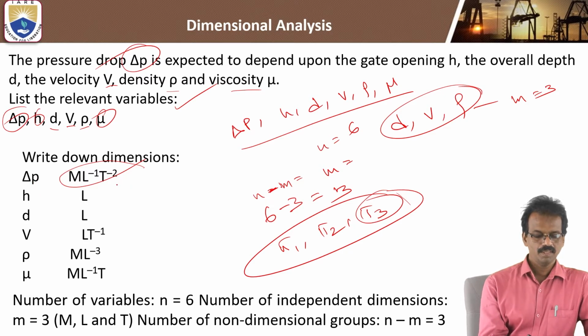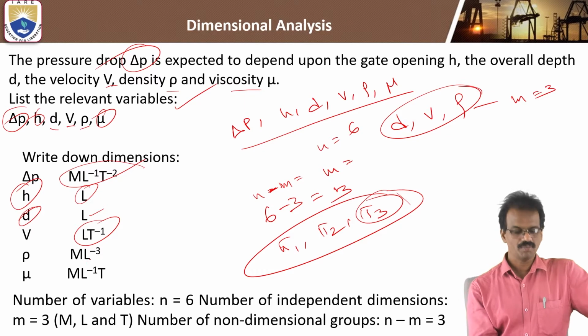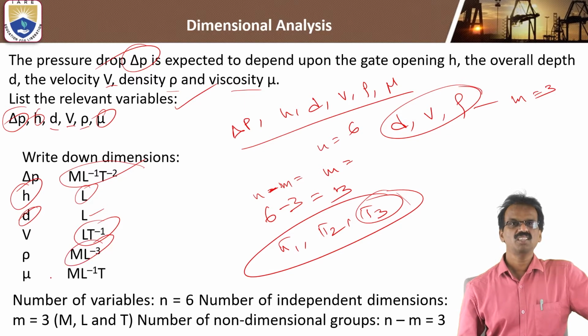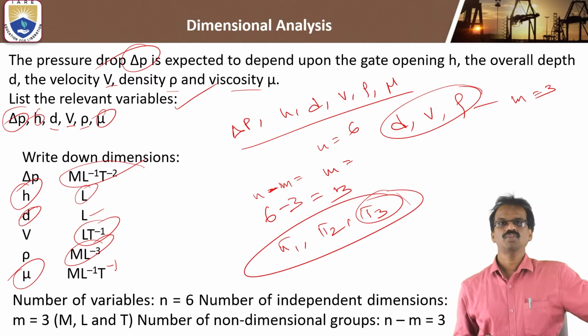Pressure difference: M L^-2 T^-2. Height is equal to length, so diameter, distance, that is the length L. Velocity: L T^-1. Density, mass per volume: M L^-3. And mu, viscosity: M L^-1 T^-1. Take that.